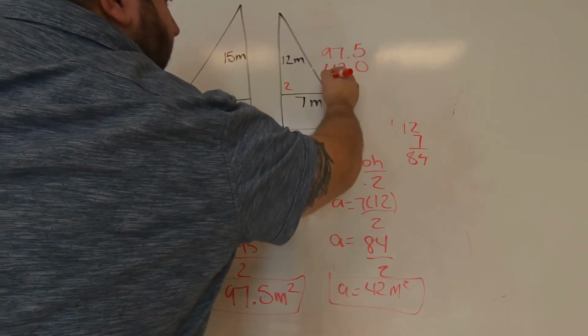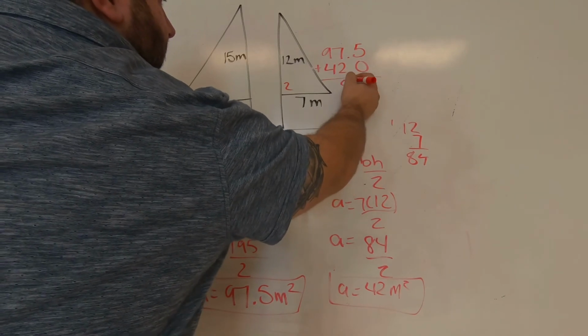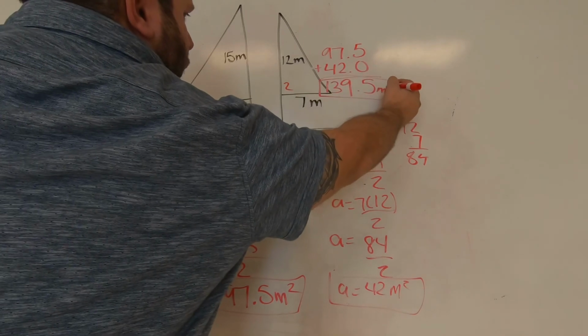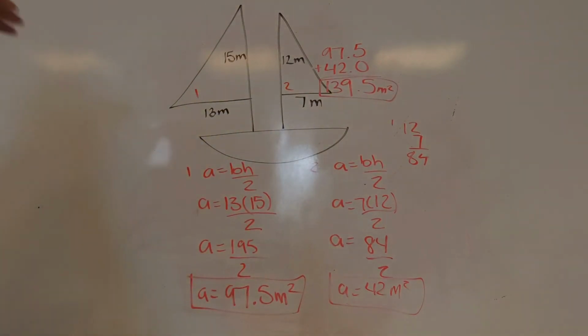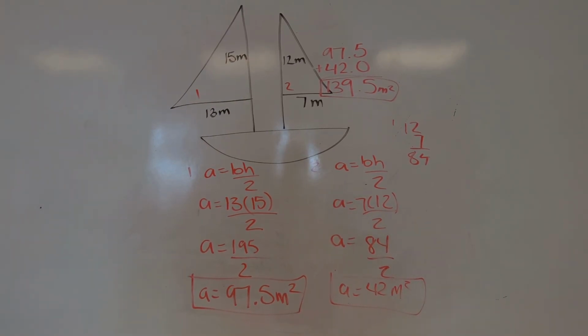We can just pad with zeros here. Let's just add them together. There we go. So our grand total would be 139.5 meters squared of sail that we need. So when you're given a question like this, simply find the area of both sails separately and then add them together to get the total area of sails.